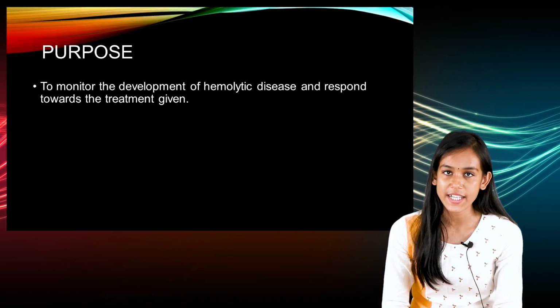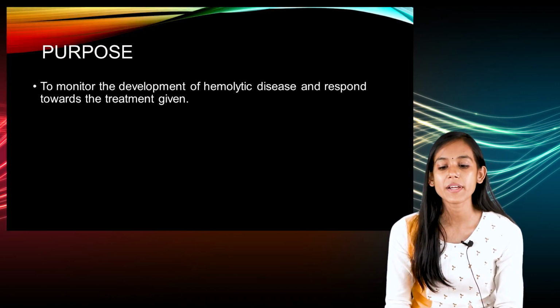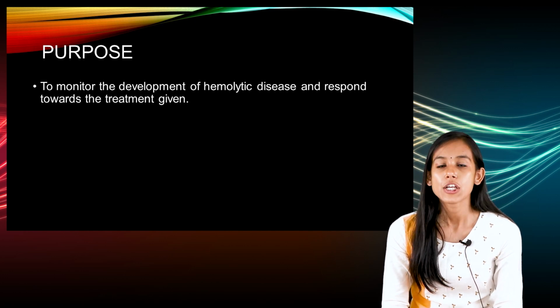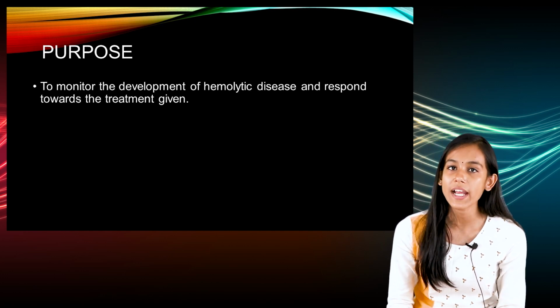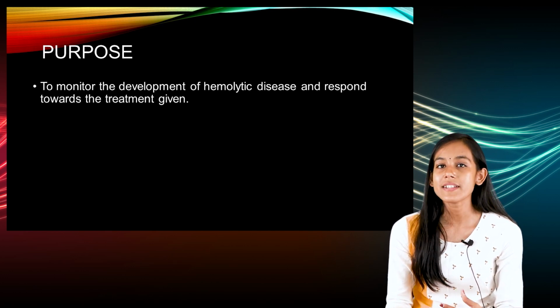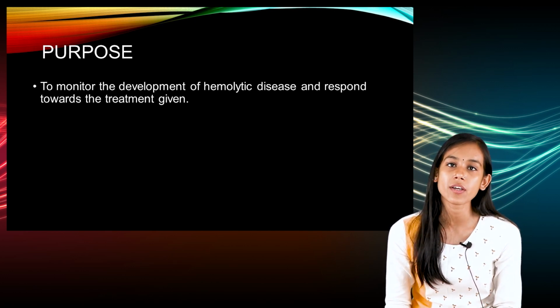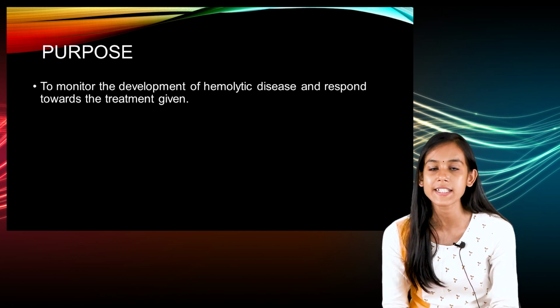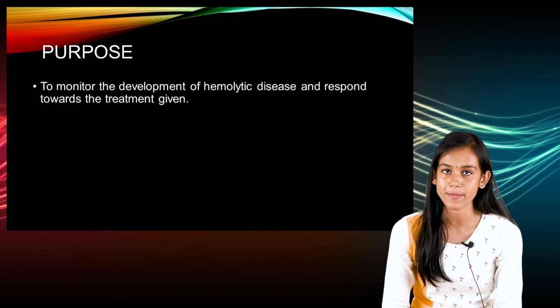The next purpose is to monitor the development of hemolytic diseases. If there is any kind of hemolytic disease present in the patient, to understand its development, we perform bone marrow aspiration.